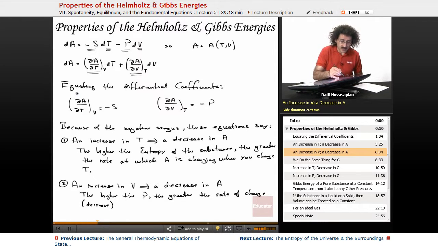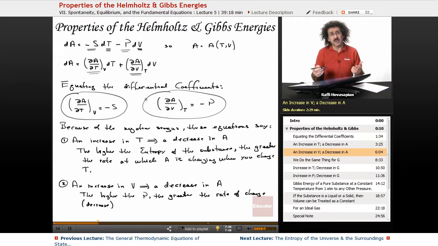It's very, very important. What we want to do here is cover every single base possible. As far as chemistry is concerned, we're going to be concerned with the Gibbs energy. We're not going to concern ourselves with the Helmholtz energy, but we need to know that it's there.